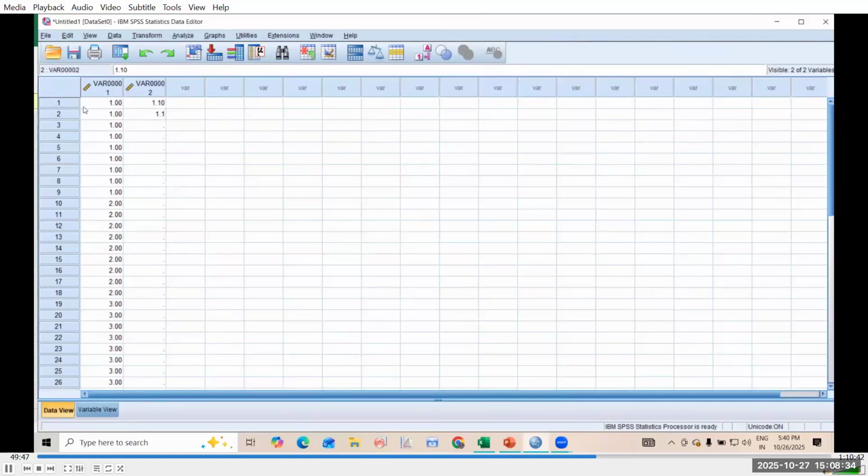For each day, I have taken three replicates for each sample type. So I have to put it like this: 1.1 for sample 1, then 1.2 for sample 2, then 1.3, 1.3, 1.3 for sample 3.